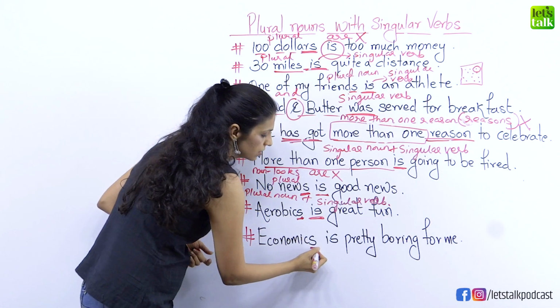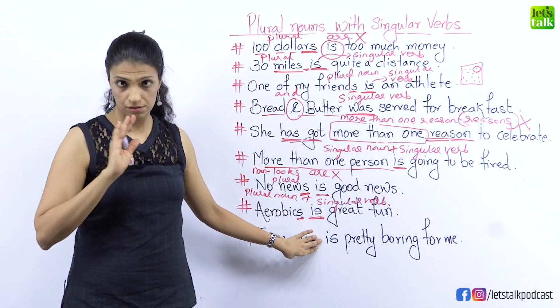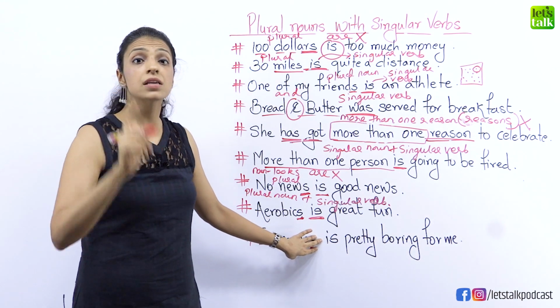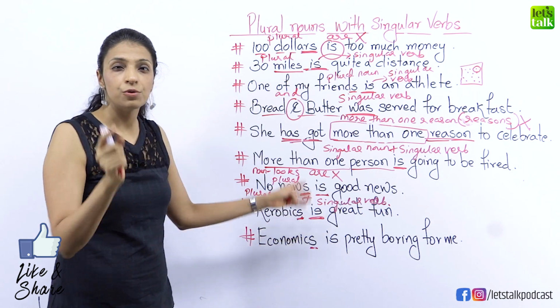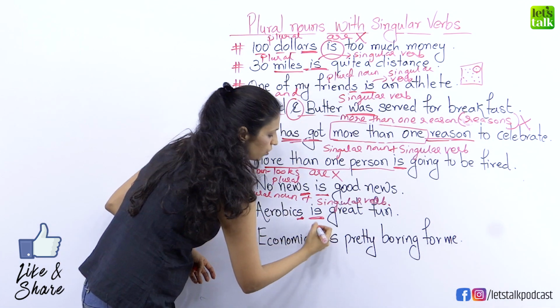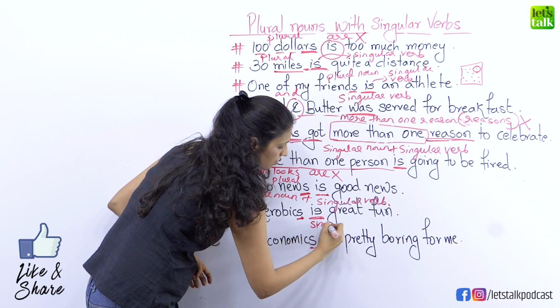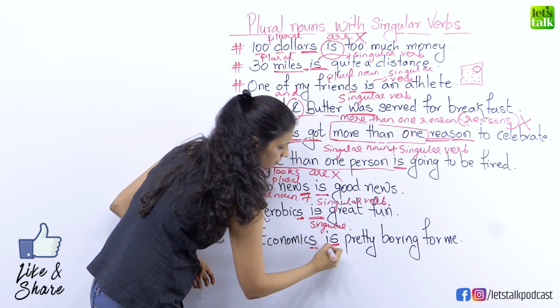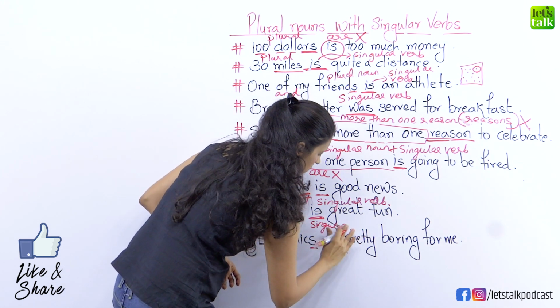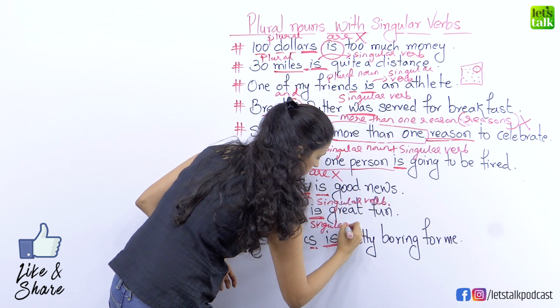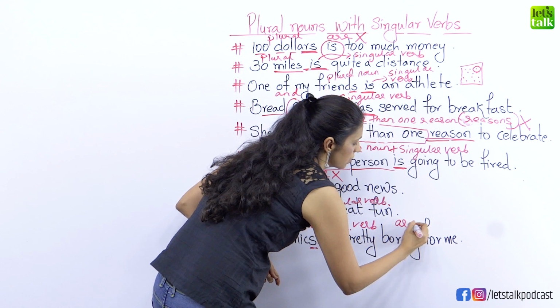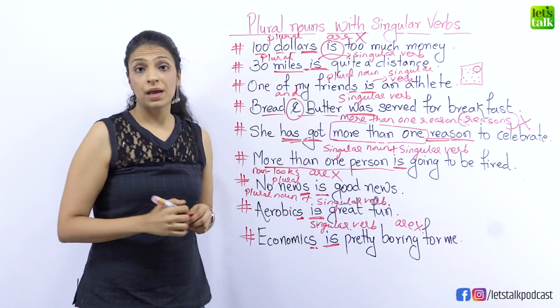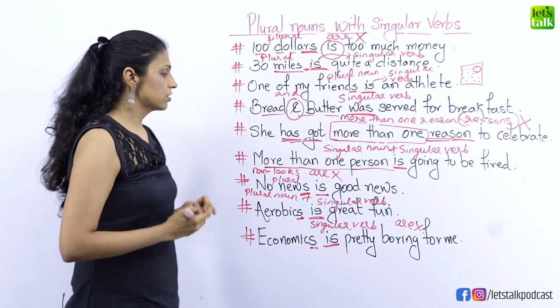So economics, not economic, always with an S, but one subject, it's singular, looks like a plural noun because of the S, followed by a singular verb. Okay. So please do not say economics are or mathematics are, because that is not correct.